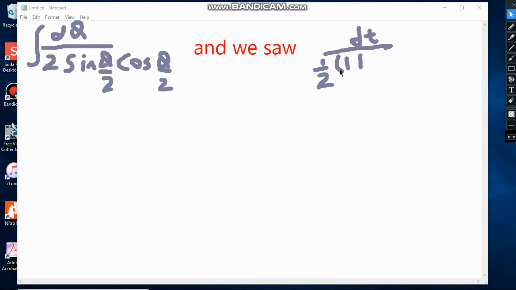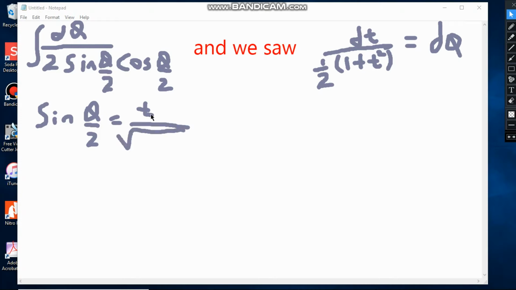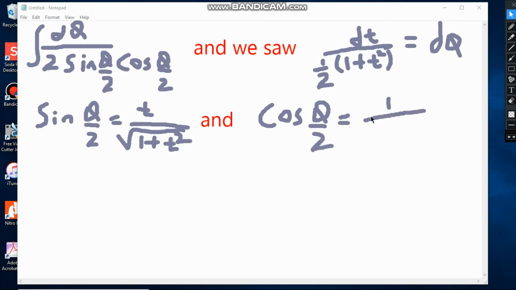So we have a half bracket 1 plus t square. As well, sine of theta over 2 is equal to t over the square root of 1 plus t square, and cos of theta over 2 will be equal to 1 over the square root of 1 plus t square.